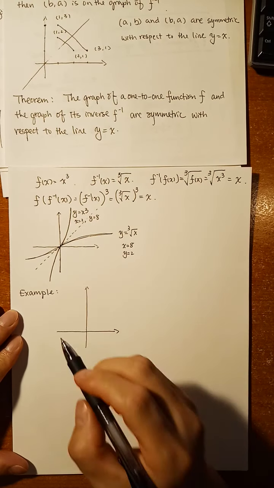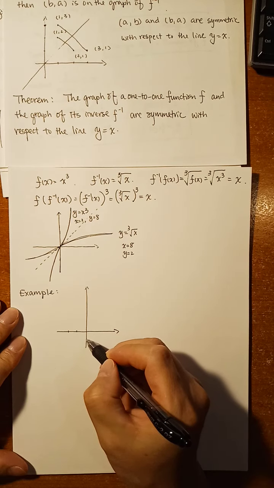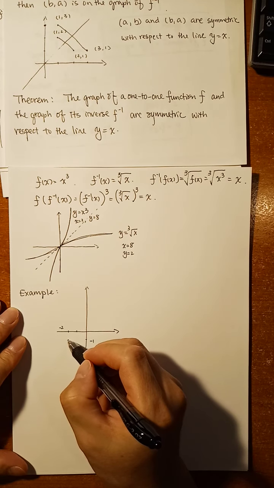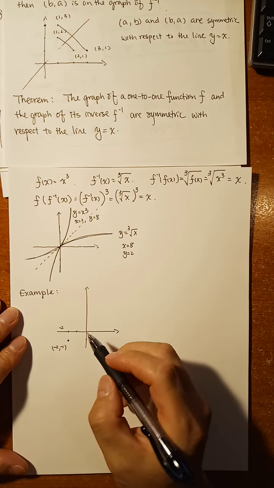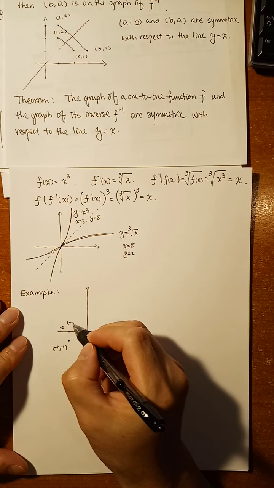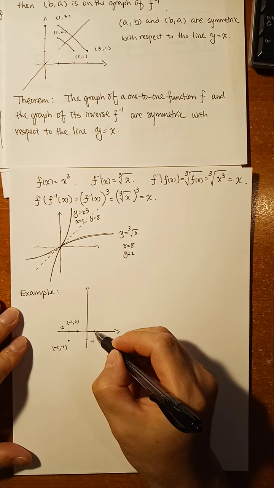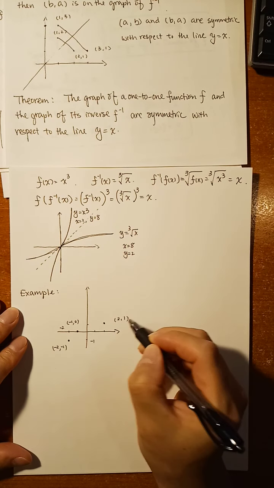We have points negative 2, negative 1; negative 1, 0; 2, 1; and 1, 2.